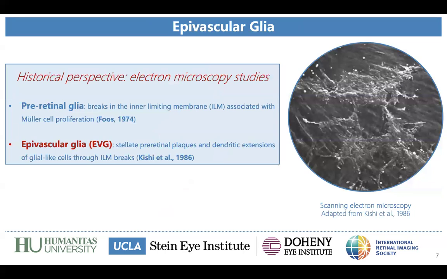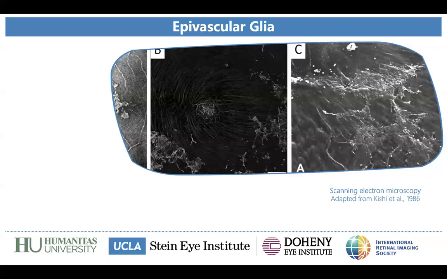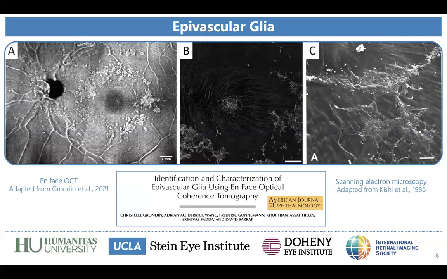Epivascular glia was first described in the 70s and 80s by a couple of groups. It was defined as the presence of stellate retinal plaques and dendritic extension of glial-like cells through internal limiting membrane breaks. On the right is a scanning electron microscopy image, and you can see that face OCT allows us to visualize these same lesions with a very striking similarity.